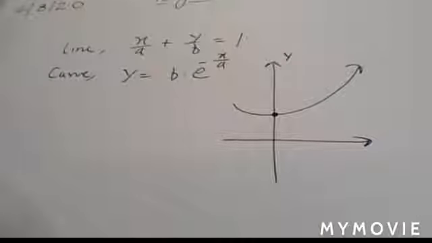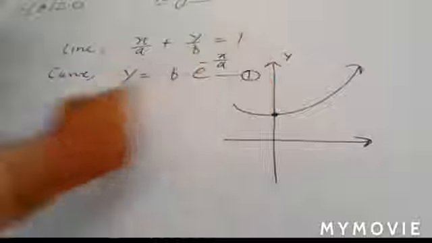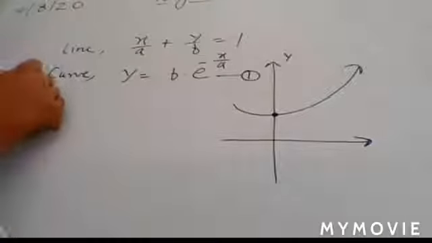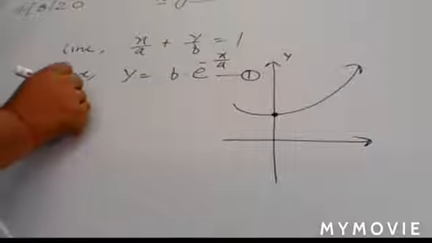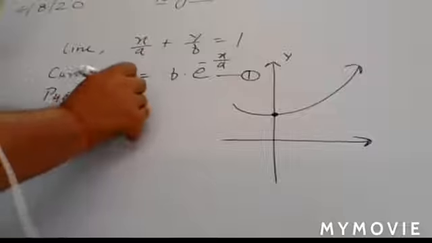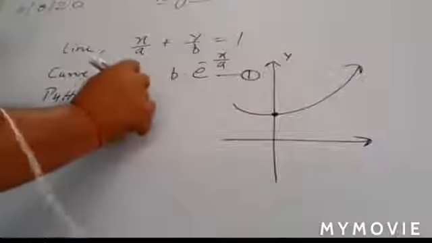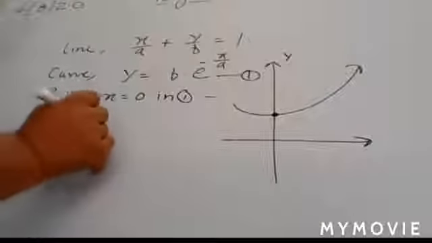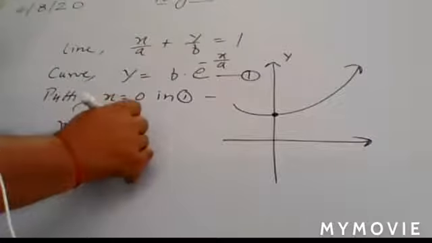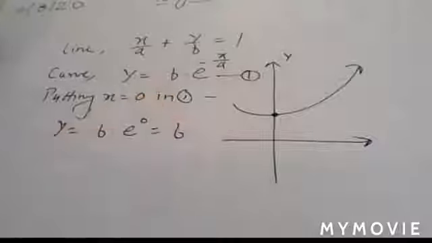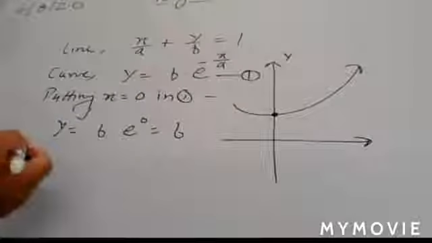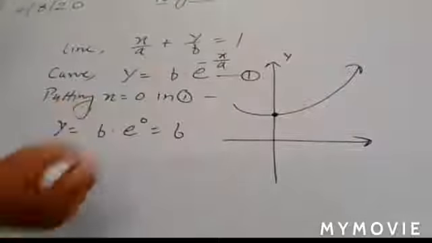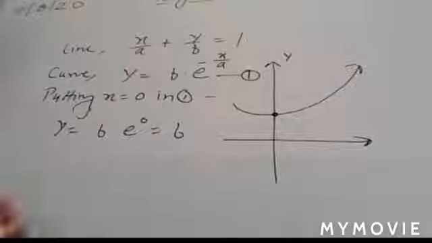Okay, so suppose here you have the first equation. That is your first equation. So write, putting x is equal to 0 in 1, you have y is equal to b into e to the power 0. So you have b. Means at the point (0, b), the curve intersects the y-axis.